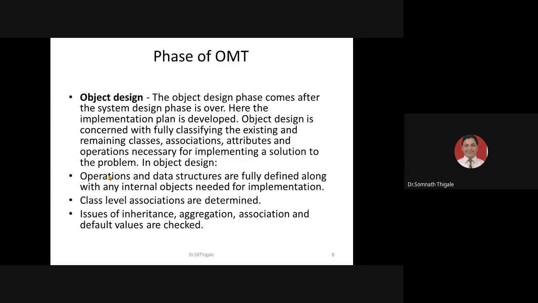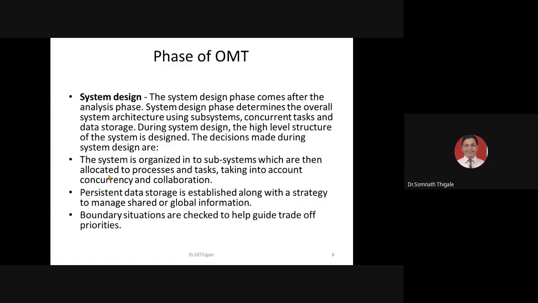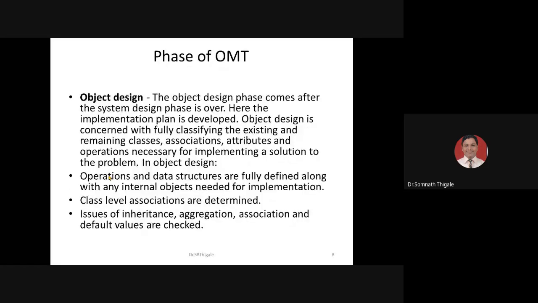In object designing, basically we'll focus on operations and data structures, class level associations, and issues of inheritance, aggregation, association, and default values are checked. Now, if you compare, system design is high level design, whereas object design is low level design. In low level designing, we will consider each and every activity as an object.